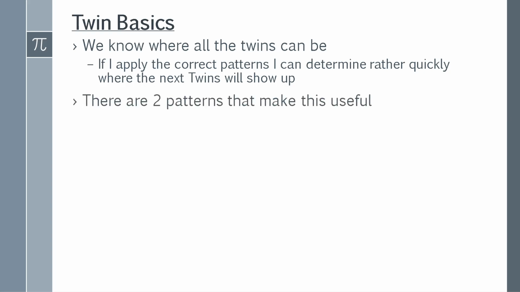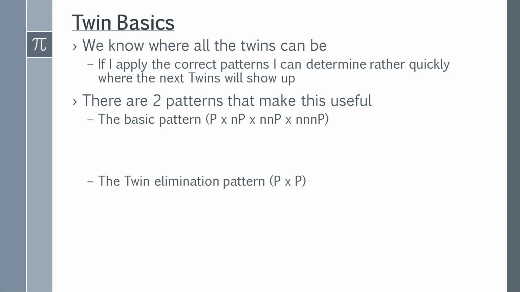There are 2 patterns. Your basic pattern is created by prime times the next prime times the next prime, and then you have your elimination pattern, which is prime squared.